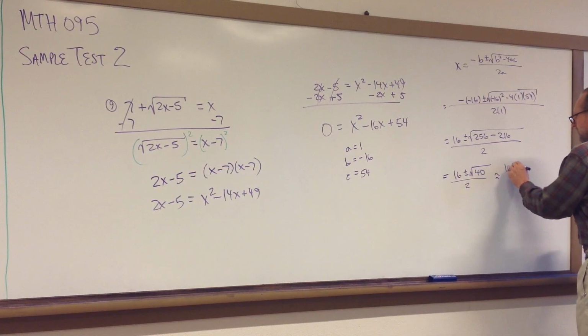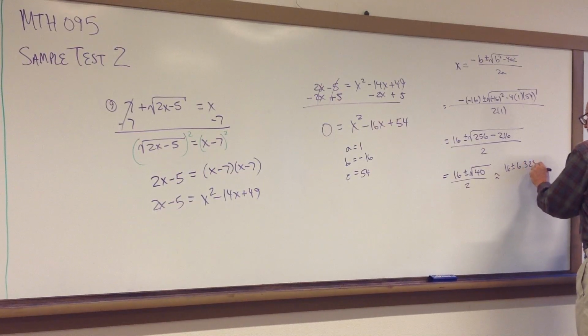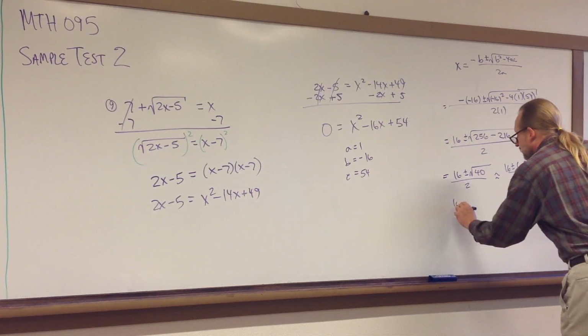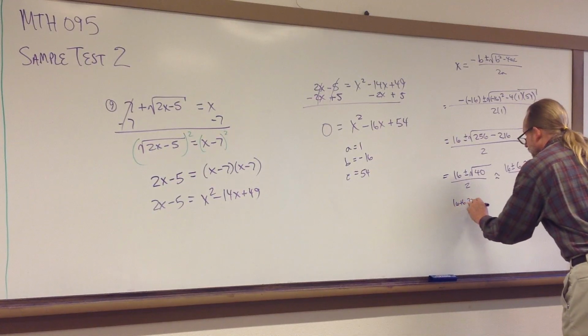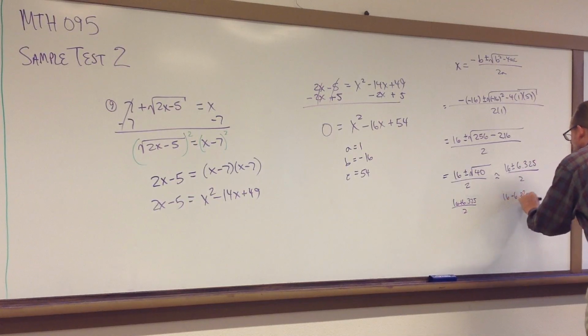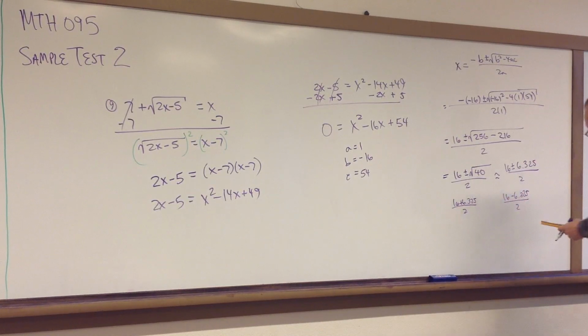So this will be 16 plus or minus 6.325 over 2. So we're going to get 2 answers: 16 plus 6.325 over 2 and 16 minus 6.325 over 2.